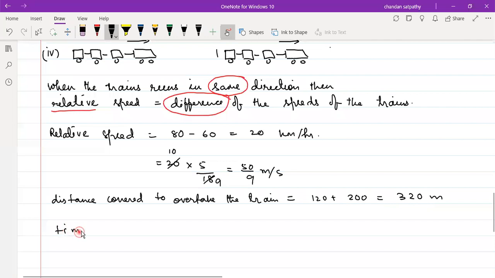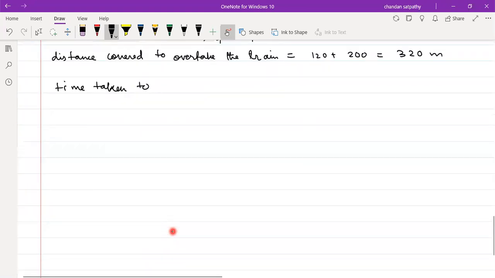So now we'll write the time taken to overtake. So time taken to overtake will be equal to, we know the formula, distance by speed. So distance how much? 320 meter is the distance.